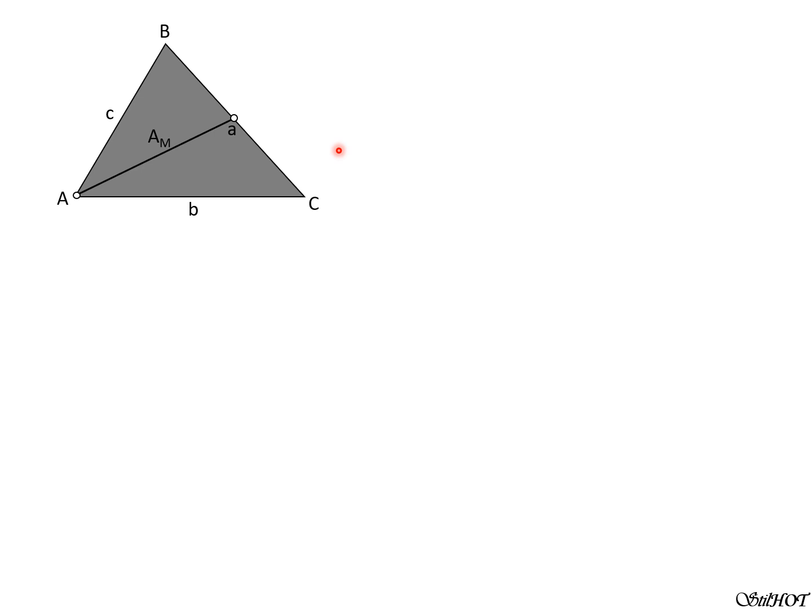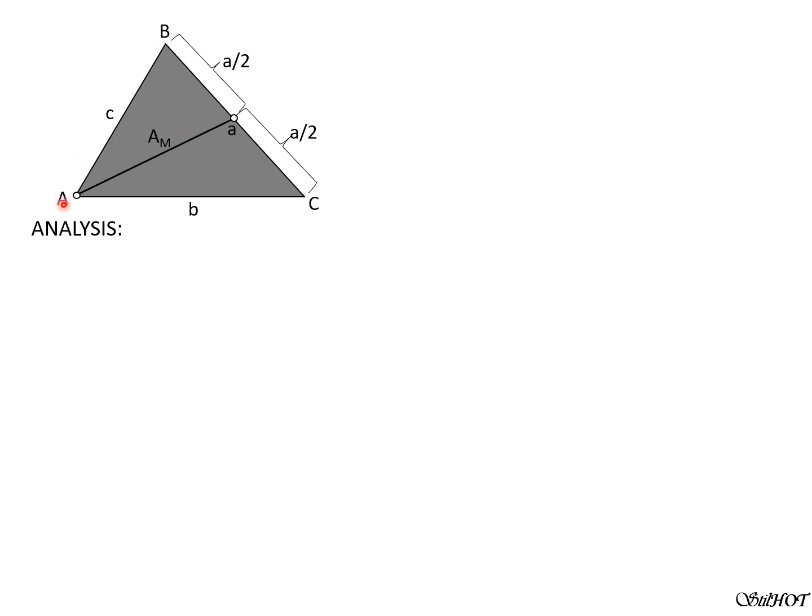The next concept would be the length of the median, say A sub n. Since the median is a line segment that is drawn from one vertex to the midpoint of the opposite side, then the opposite side is bisected into A over 2, A over 2. So this is the analysis. Let's determine the length of the median AN.